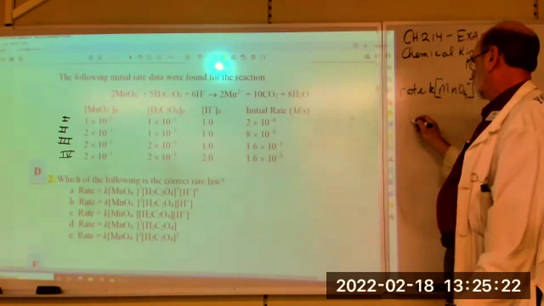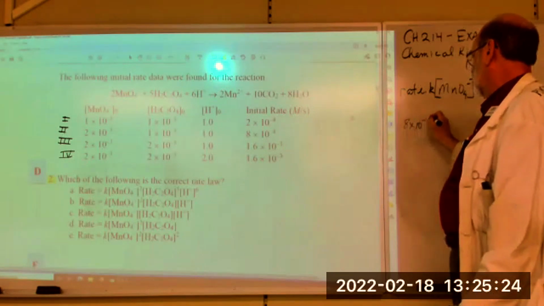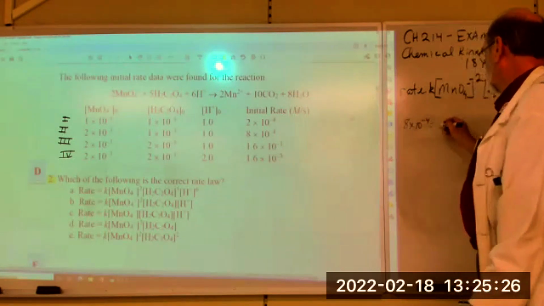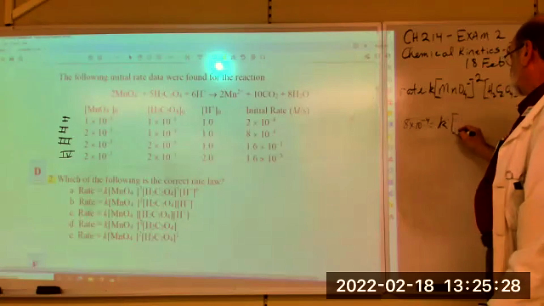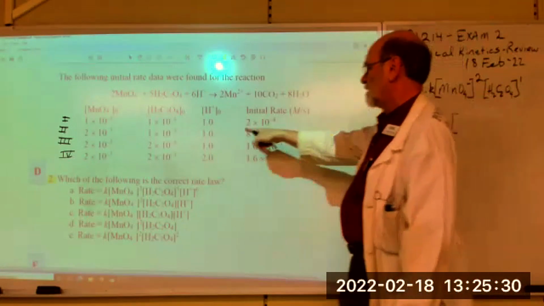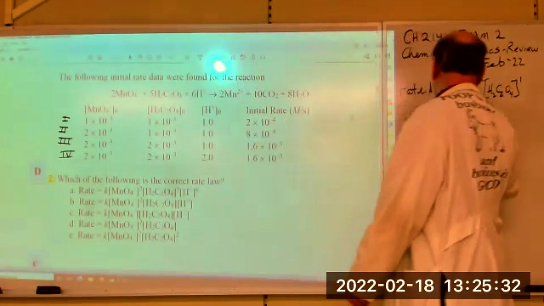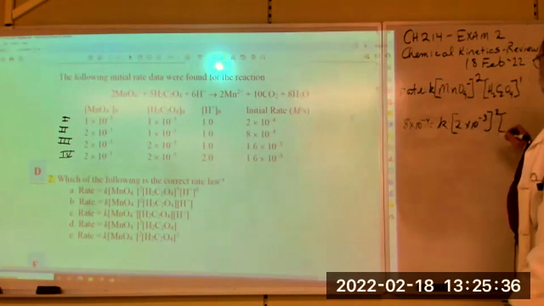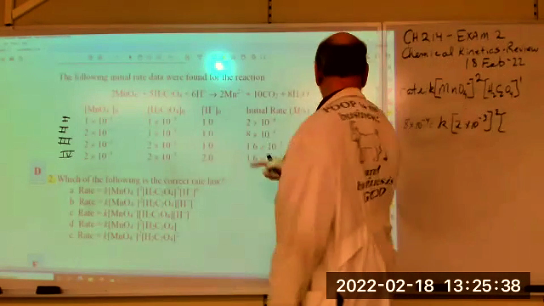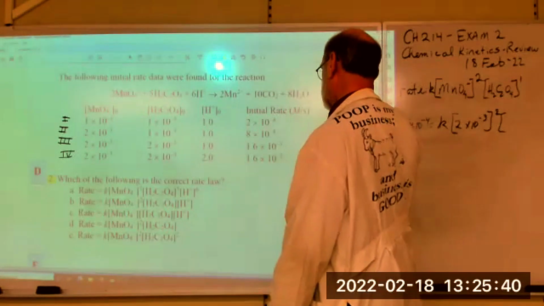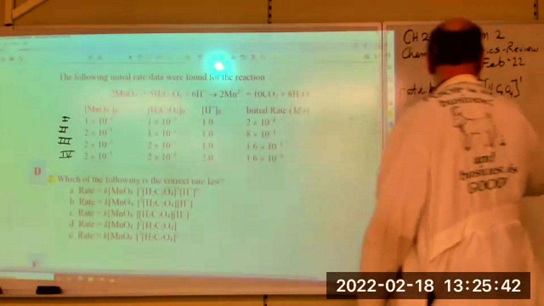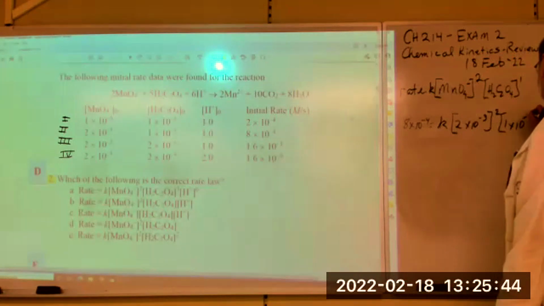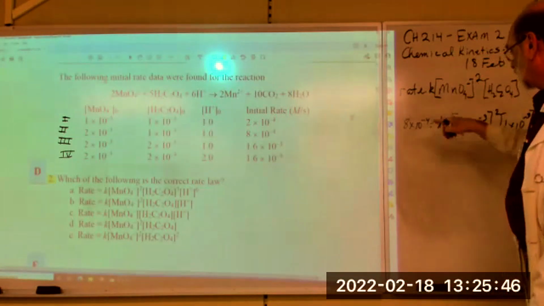Say 2: 8 times 10 to the minus 4 equals k times 2 times 10 to the minus 3 squared, and 1 times 10 to the minus 3, the first power, and solve for k.